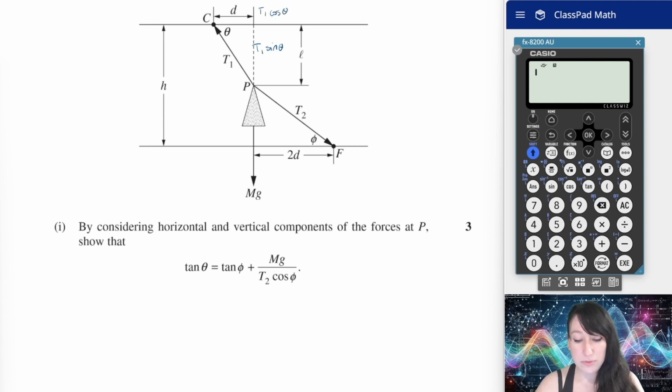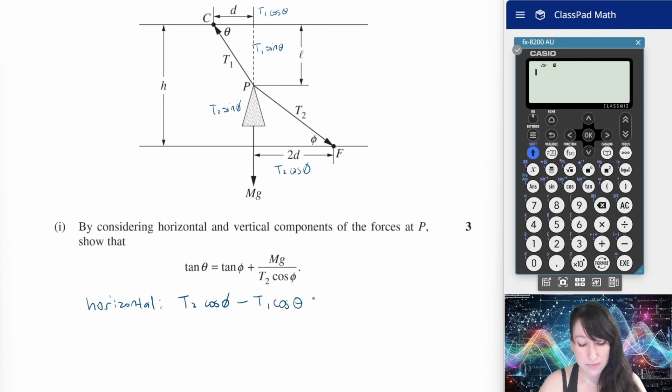And then for T2, very similar, we'd have T2 sine phi on the vertical and T2 cosine phi on the horizontal. So horizontal, we have T2 cosine phi pulling to the right, T1 cosine theta pulling to the left.